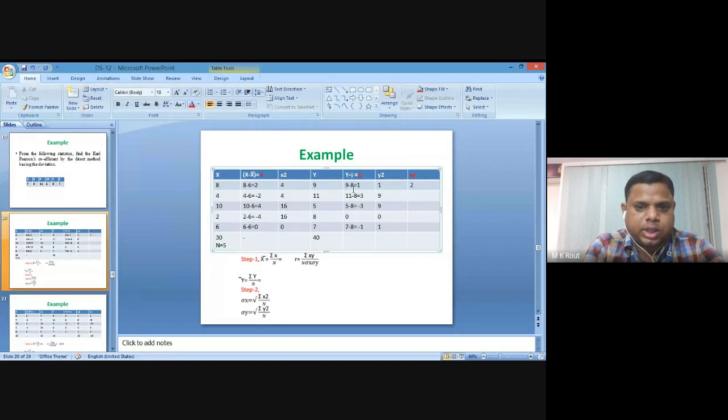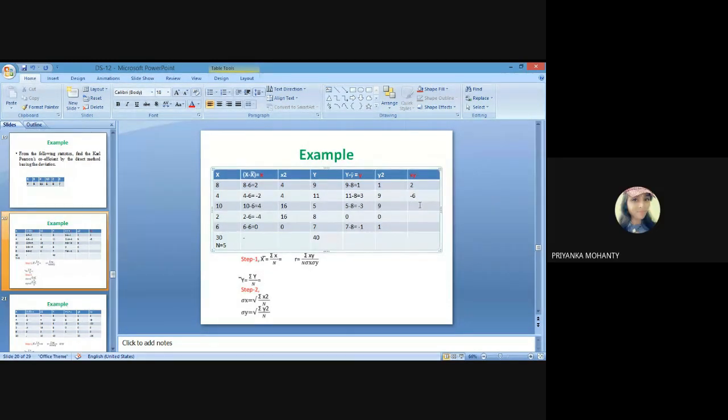Next one, minus 2 into 3, that is minus 6. Next one, 4 into minus 3, that is minus 12.